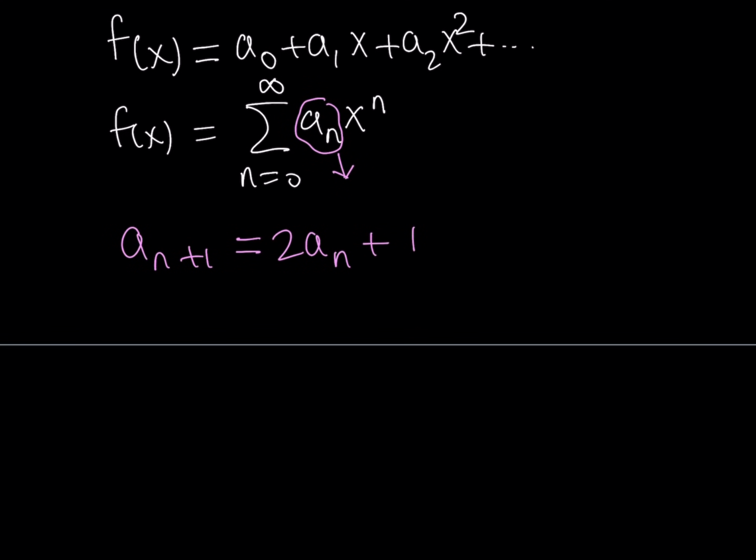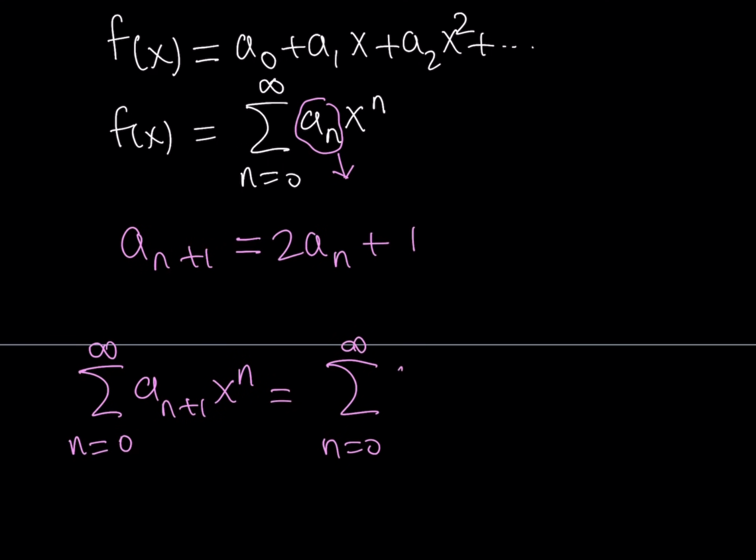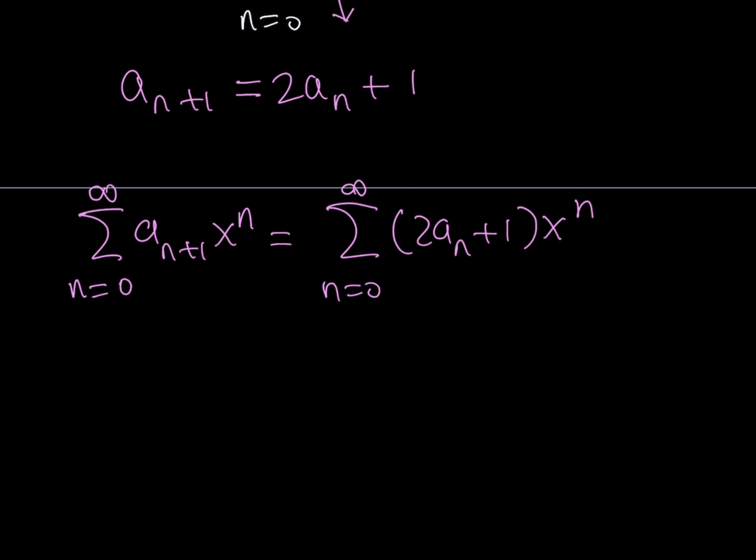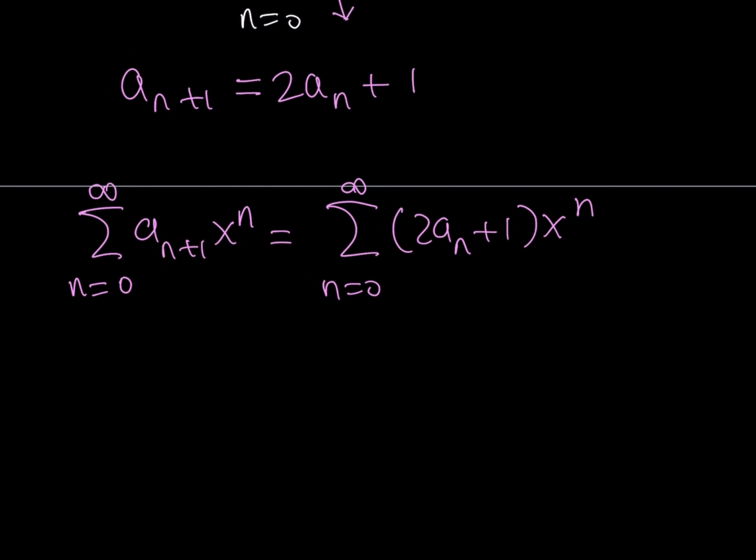So this is what it's going to look like: the sum from n equals 0 to infinity of a sub n plus 1 x to the power n equals the sum from n equals 0 to infinity of (2 a sub n plus 1) times x to the power n. So we have two sides here, the left-hand side and the right-hand side. I'm going to be working on each side separately, and then I'll put it together. That's how I'm going to find the generating function.